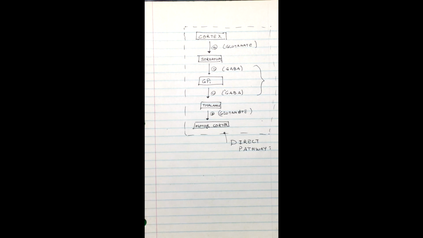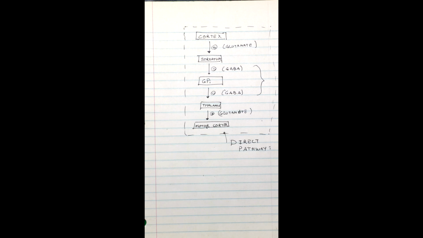Okay, so now let's talk about the indirect pathway, or how our brain really selects against the behaviors that we don't want to perform, or behaviors that aren't as effective, such as flailing our arms to get the baseball. So, it's very similar. The cortex is still going to activate or send glutamate or excite the striatum.